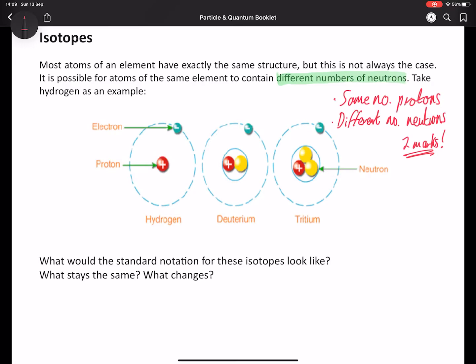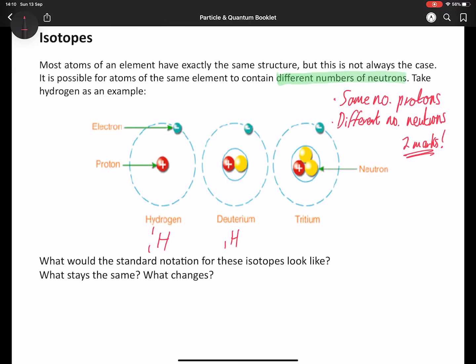So if we consider these 3 examples here, these 3 isotopes of hydrogen, they are easy to illustrate using the standard notation. The symbol for hydrogen, pretty unsurprisingly, is H. The atomic number, so the number of protons, is 1, and there is only one thing in the nucleus, so 1 on the top.